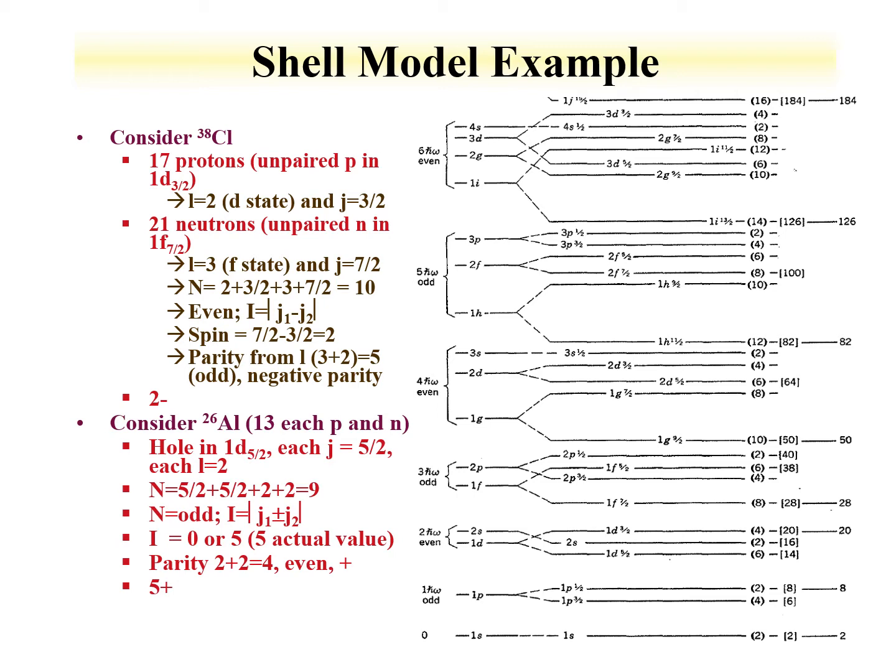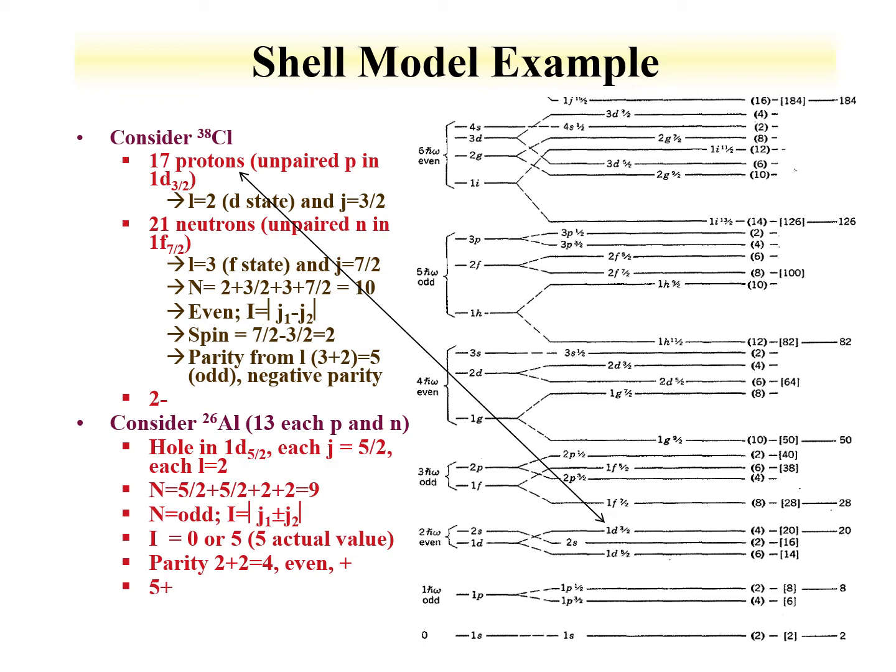For an example of the Nordheim number for an odd-odd nucleus, let's consider chlorine-38. Chlorine-38 has 17 protons and 21 neutrons. The 17th proton is going to live in this 1D 3/2 state. So the L is D, right?